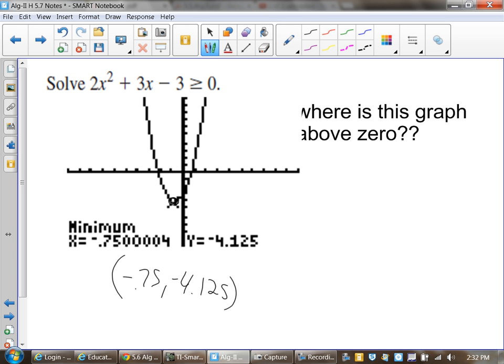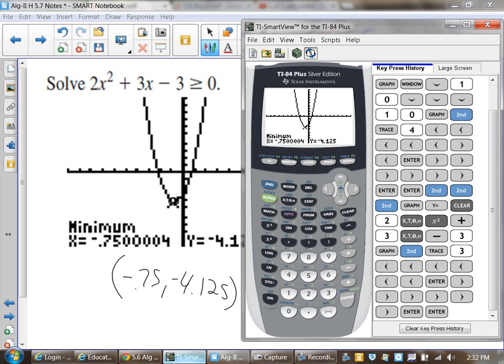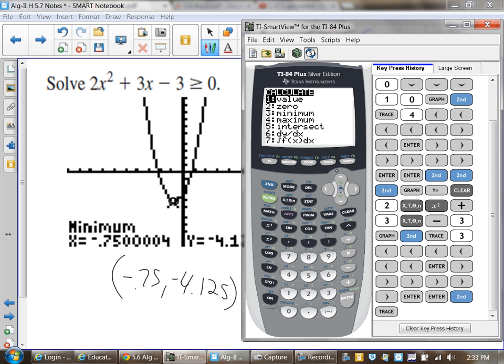There's my minimum. There's my vertex. Okay. To calculate the zeros, all I do again, go back to the calculator. Second, calculate, zero. I'll take care of the one on the right.